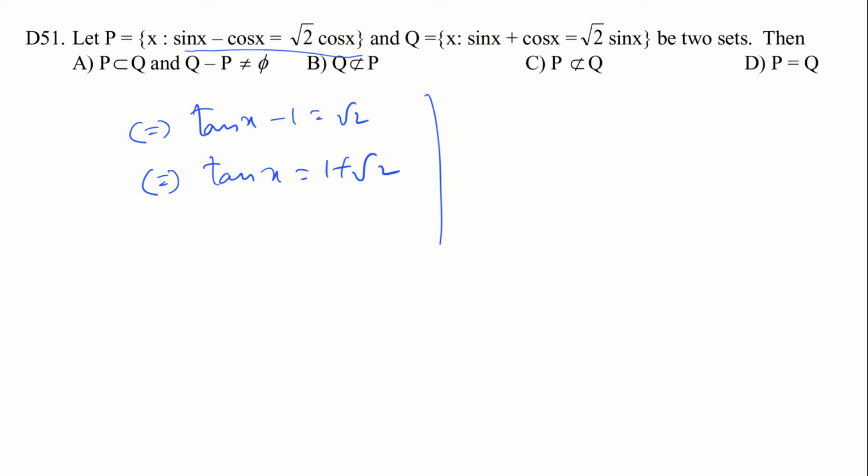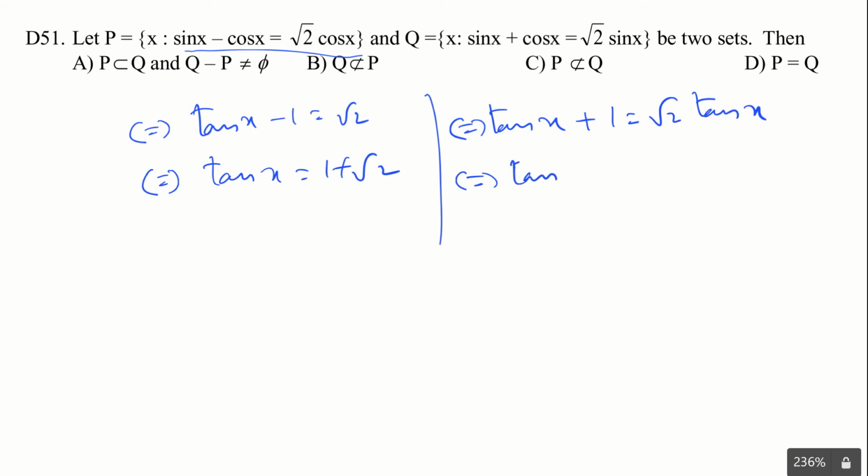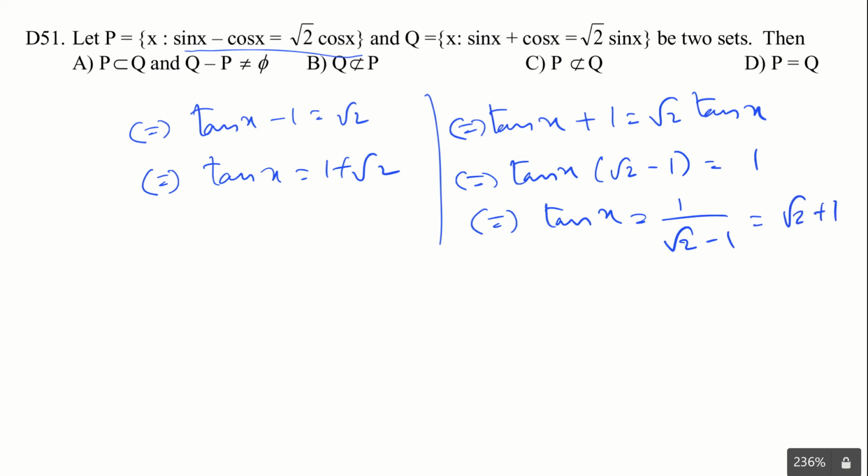Similarly in Q. Here also with a similar argument you can see that sin x cannot be 0. So dividing by sin x, I get cos x once again, it is tan x minus 1 plus 1 is equal to root 2 tan x, if and only if tan x into root 2 minus 1 is equal to 1, if and only if tan x is equal to 1 by root 2 minus 1, which is nothing but root 2 plus 1.